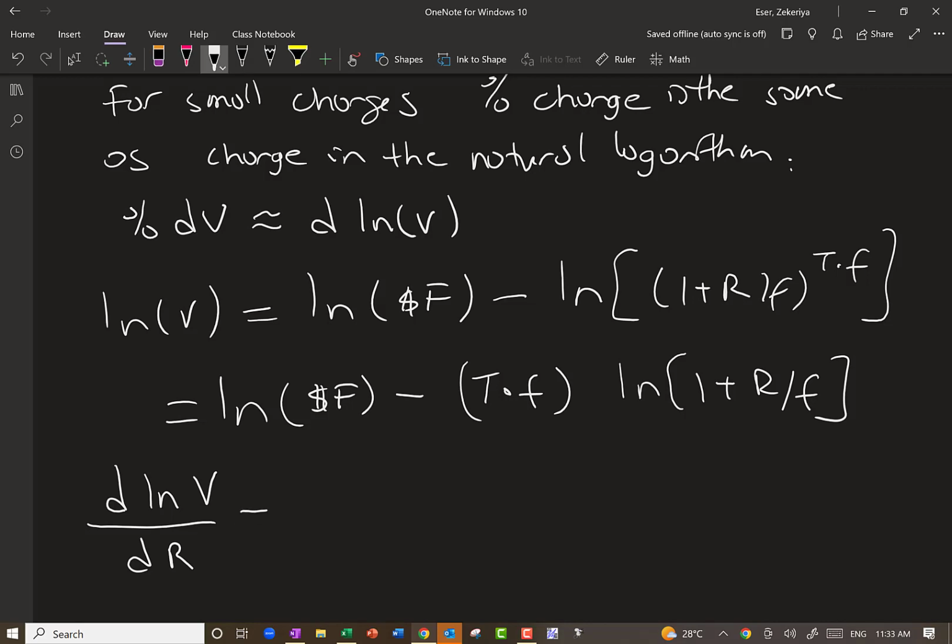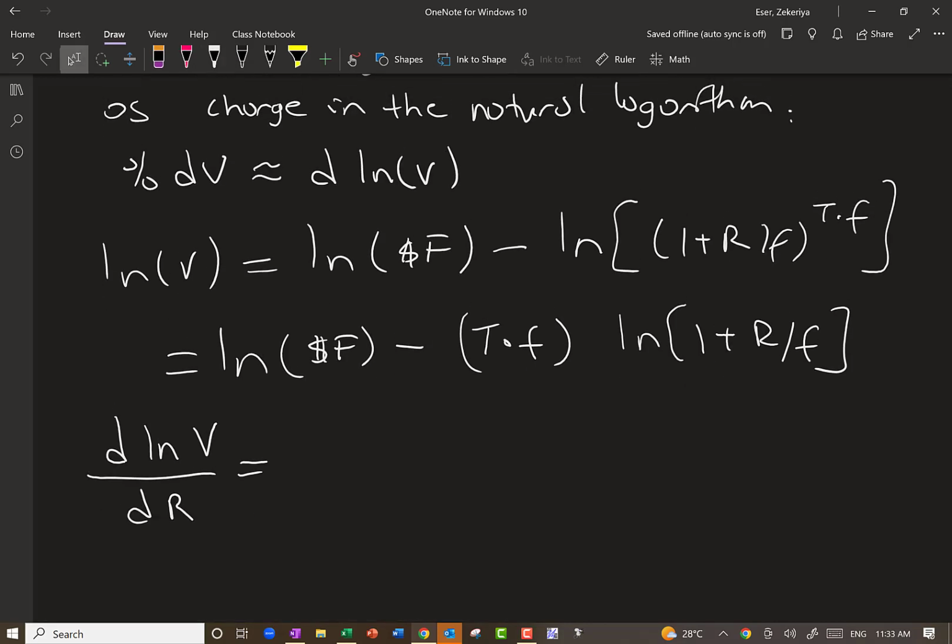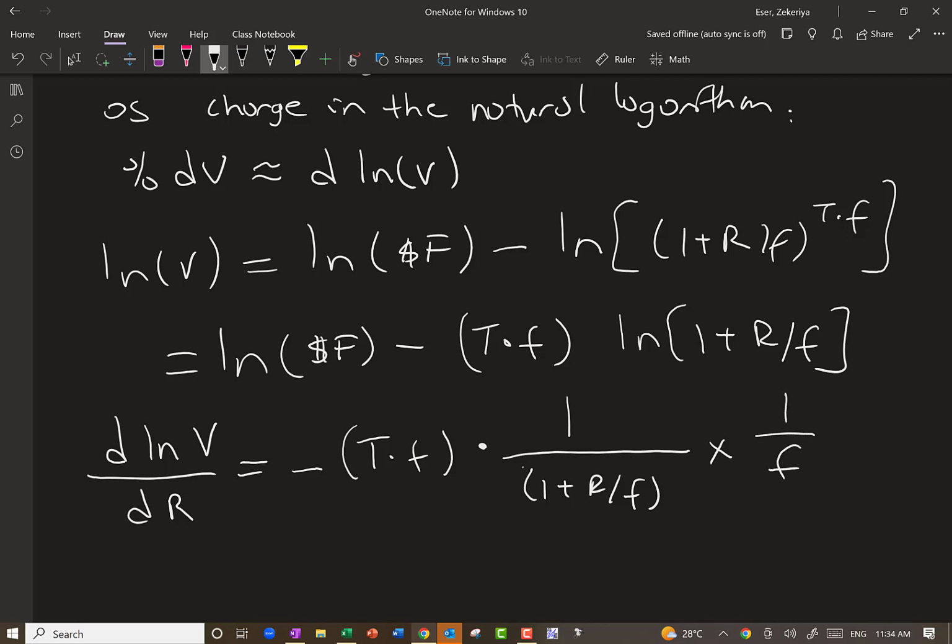The second term, it's minus t times f times derivative of the log, which is 1 over the whole thing, and the derivative of the inside, in this case, what it would be, 1 over f. These f's cancel out, as we have negative t over.